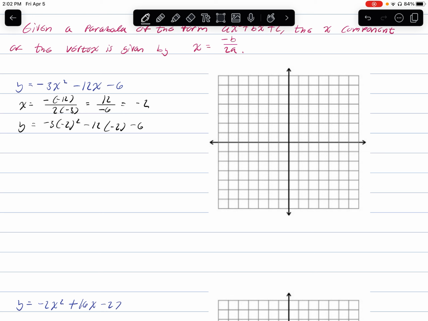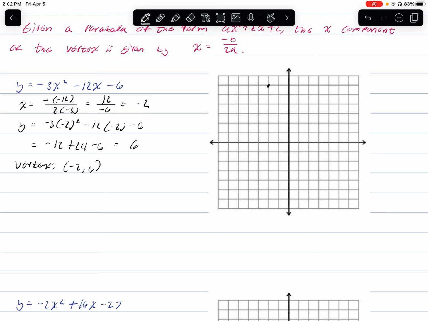We can rewrite that as negative 3 times 4, so that would be negative 12 plus 24 minus 6. That's going to give us just positive 6. So our vertex is given by negative 2, 6.